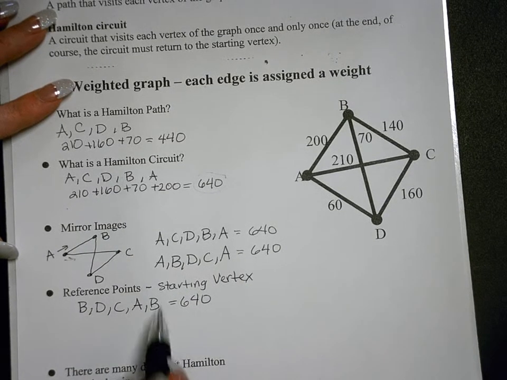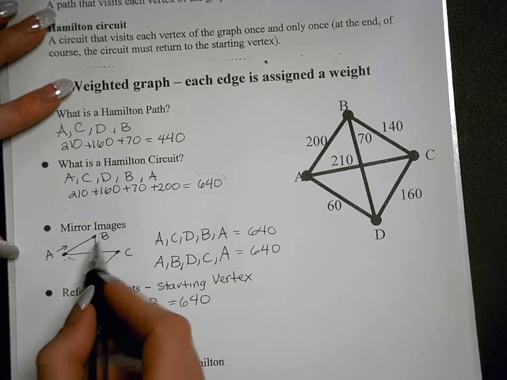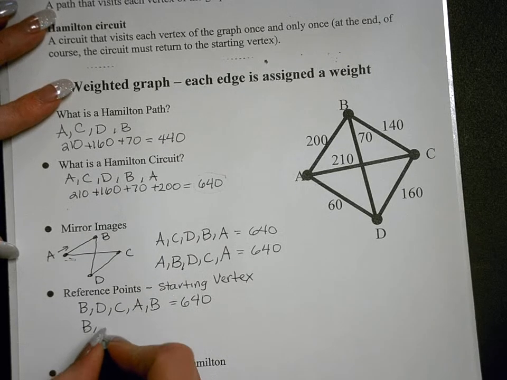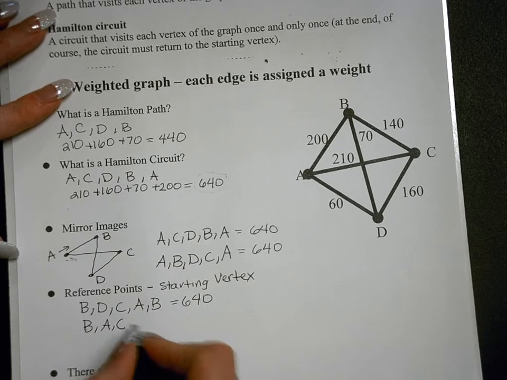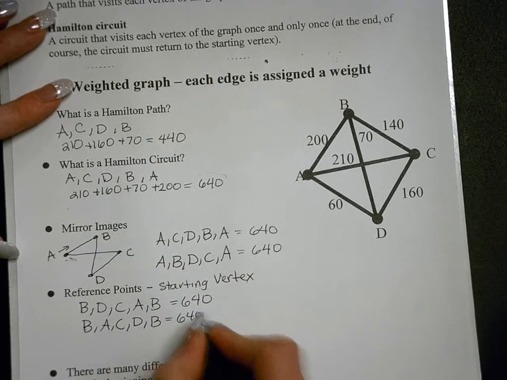We could do the mirror image as well. It would just be backwards of this: B, A, C, D, B. That would be the mirror image, and it would have the same total weight of 640.